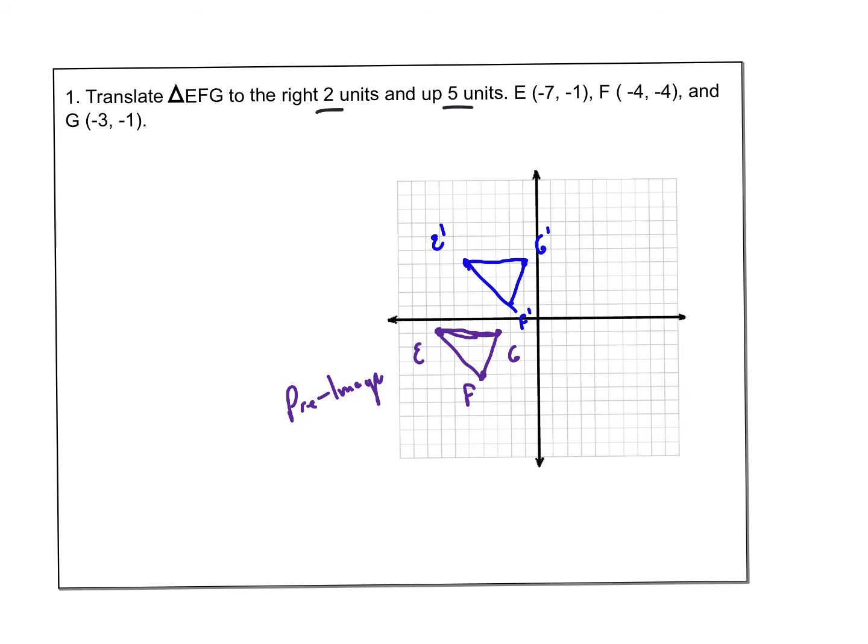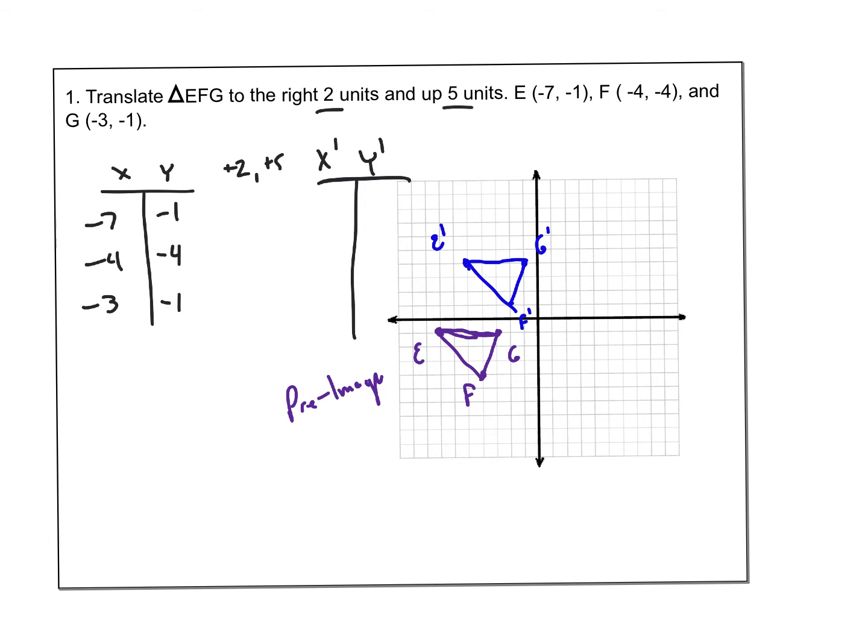So now if I was going to take my points, so it's going to be -7, -1, -4, -4, and -3, -1. If I'm going to go right 2 and up 5, my new points better go like this. This better go -5, 4, and that's right where E prime is.